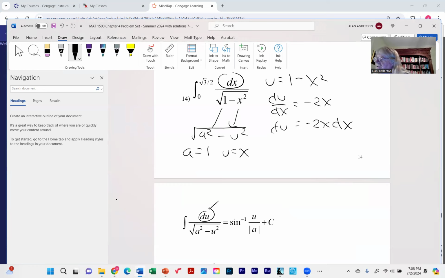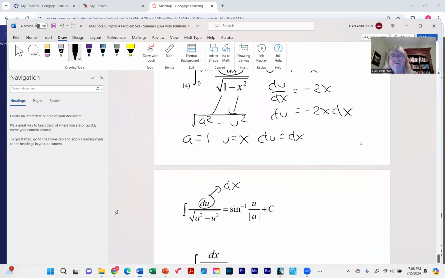And du would be dx, since u is just x. So we're good. So we end up with the arc sine.